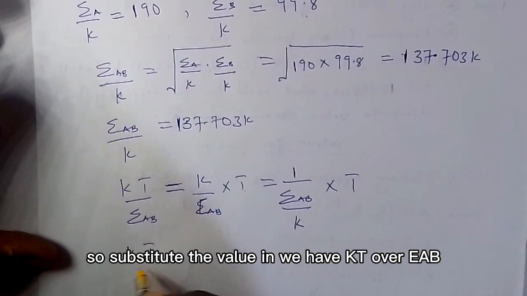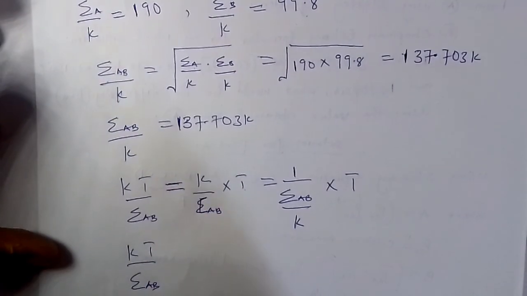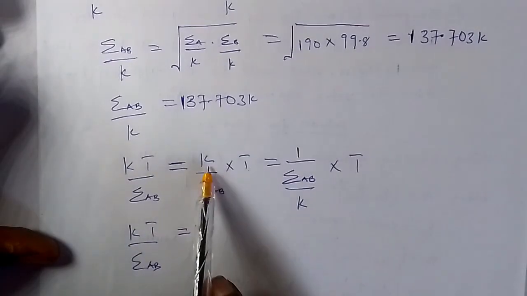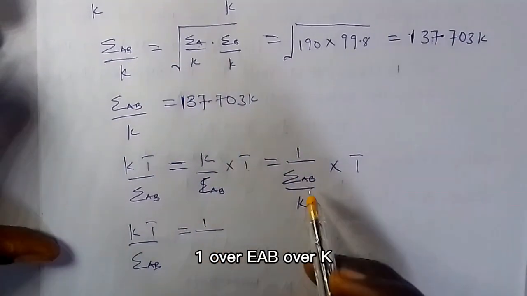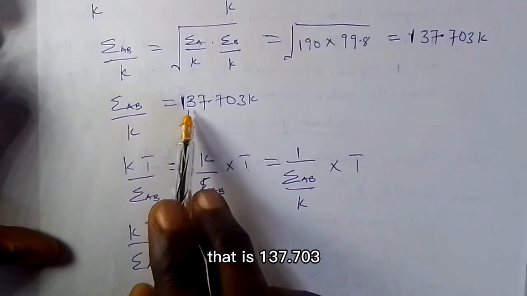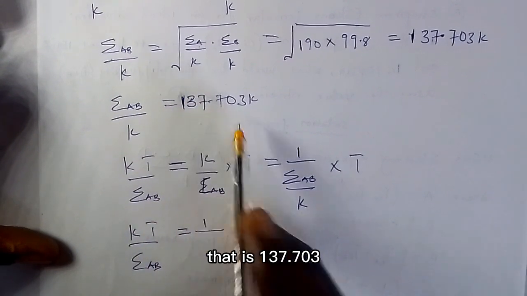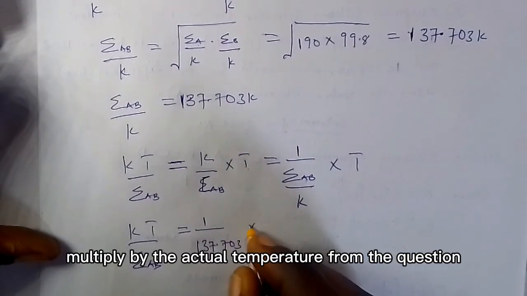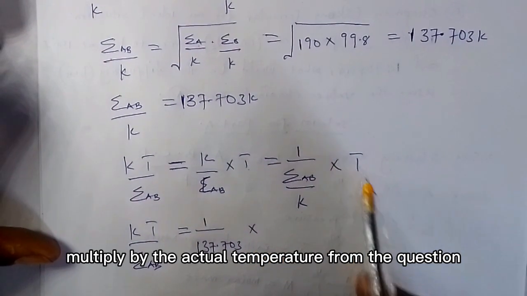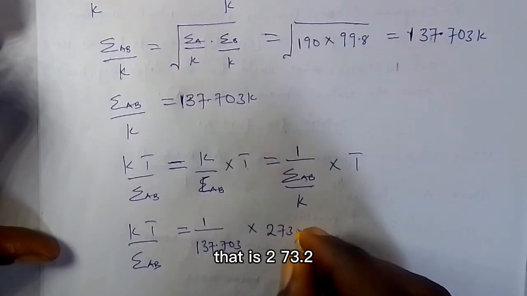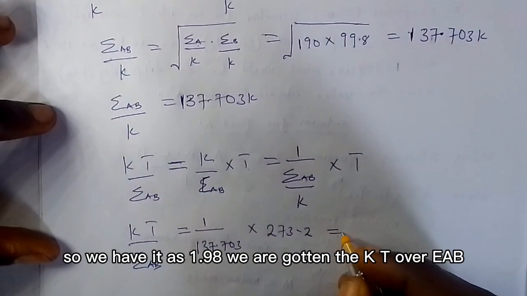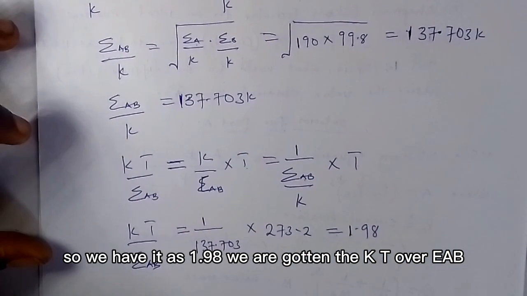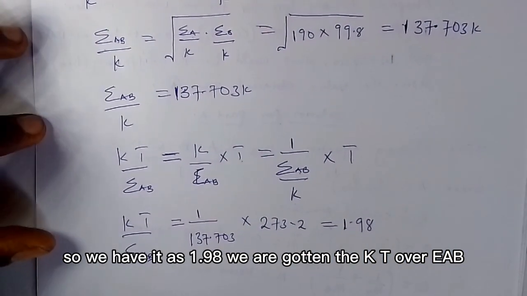We have KT over EAB equal to 1 over 137.703 multiplied by the actual temperature from the equation, that is 273.2. So we have it as 1.98. We have gotten the KT over EAB.